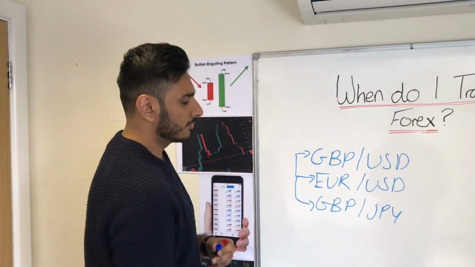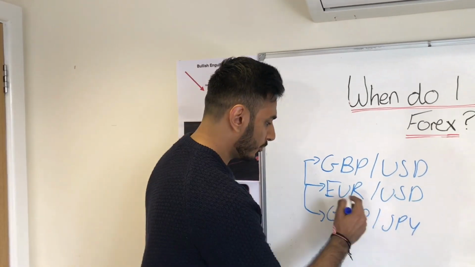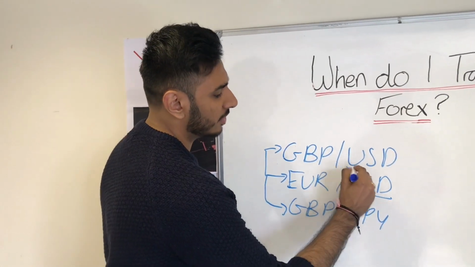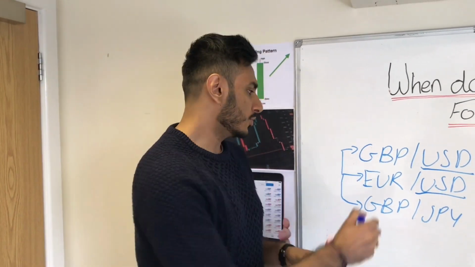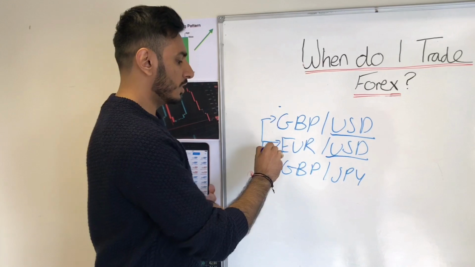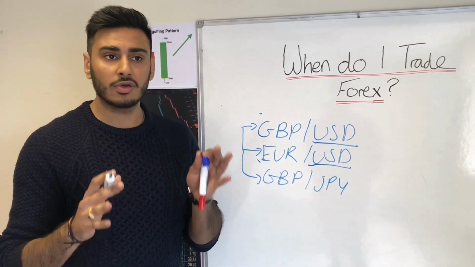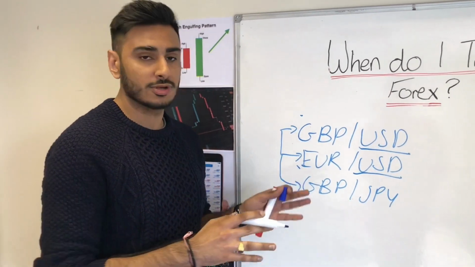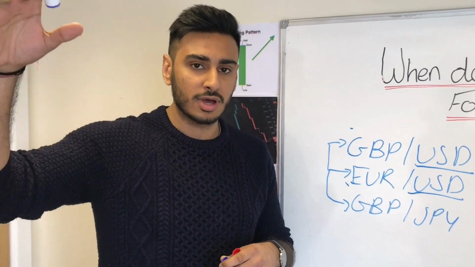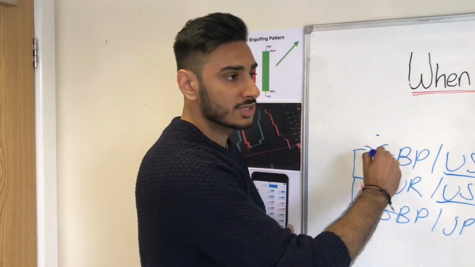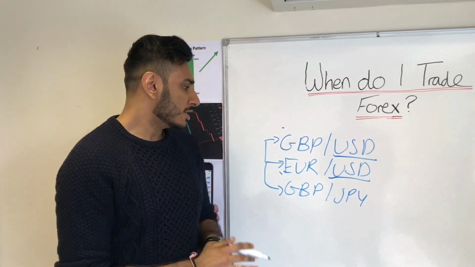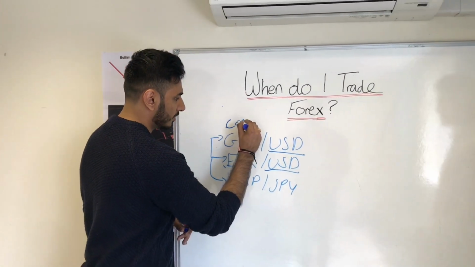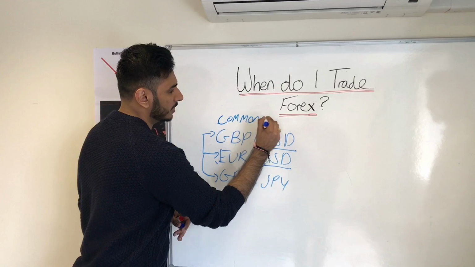So you can make money off of all of these. And the reason why a lot of these are USD pairs is because they're pegged against the US dollar. So these currencies, the British pound, the euro, they both set their money against the US dollar. So as the value of the US dollar rises or falls, it affects one of these currencies as well. And it works in the same way with GBP JPY. So these are common pairs, what's known as common pairs.